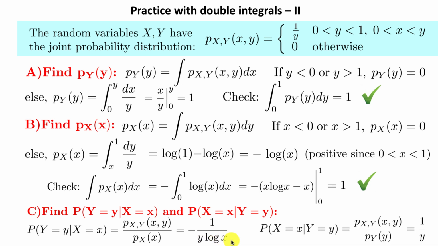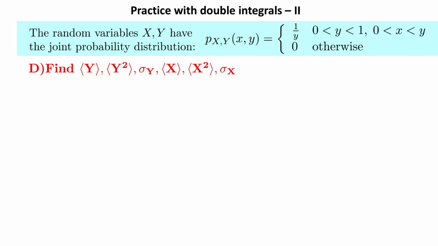And similarly, the other probability distribution is simply this divided by p of y. That's 1 over y. Of course, for both of these conditional probabilities, we must have that y is limited to this region and x is limited to this region.